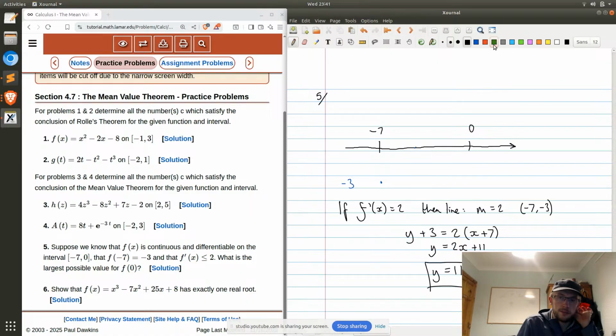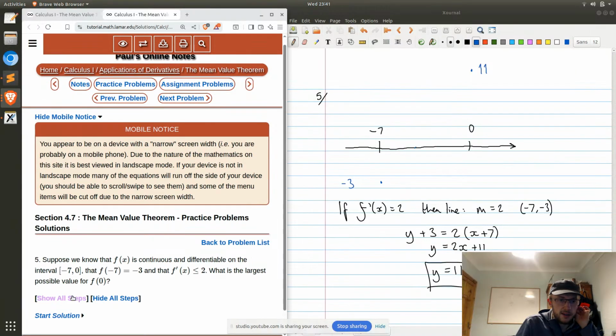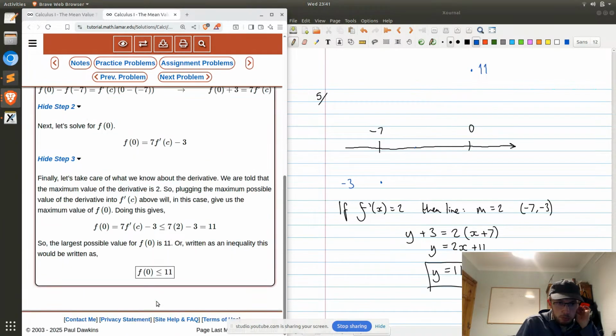But that's me stumbling upon a solution instead of actually doing it properly, isn't it? First, I'm going to check if that's even relevant. Okay.